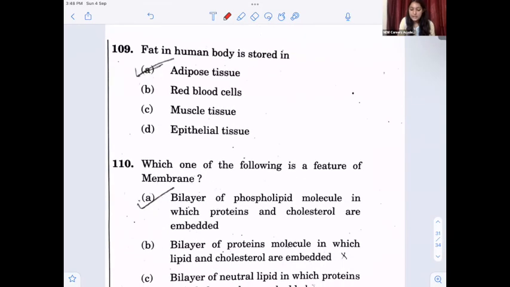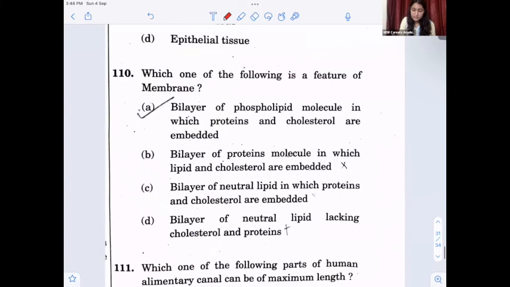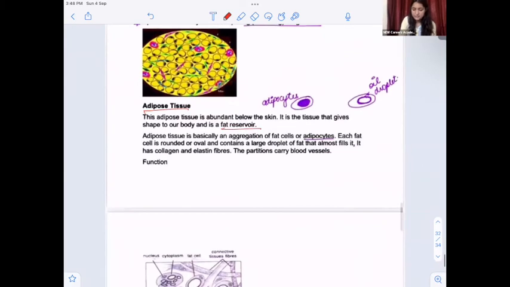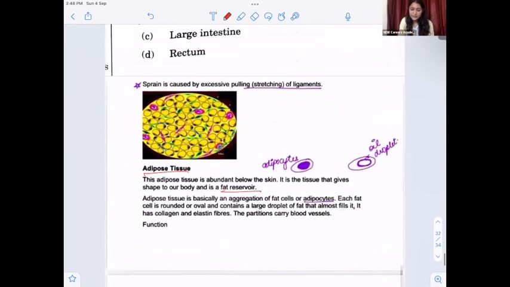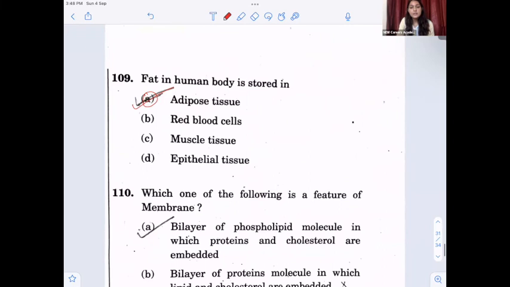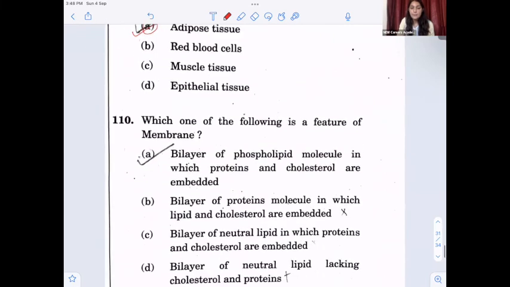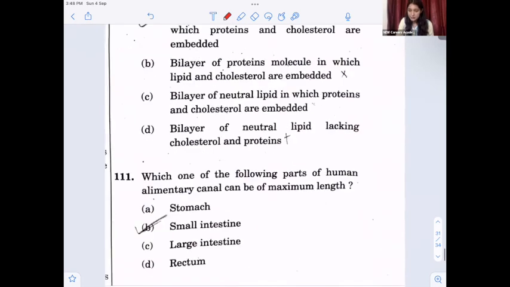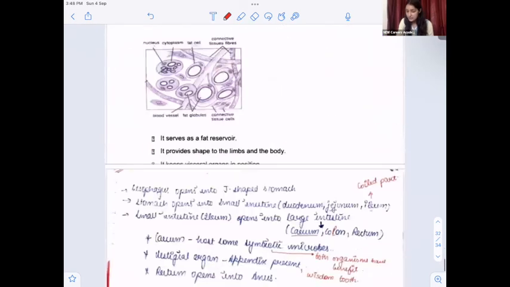Fat in the human body is stored in. Let's see from notes. Adipose tissue. Adipose tissue is a fat reservoir. So fat is stored in adipose tissue. Option A. Which one of the following is a feature of membrane? Membrane means plasma membrane. We know that plasma membrane contains phospholipids and proteins are embedded in it.